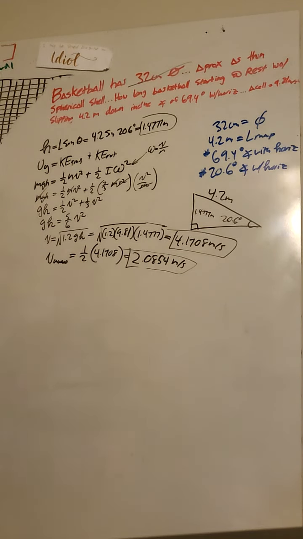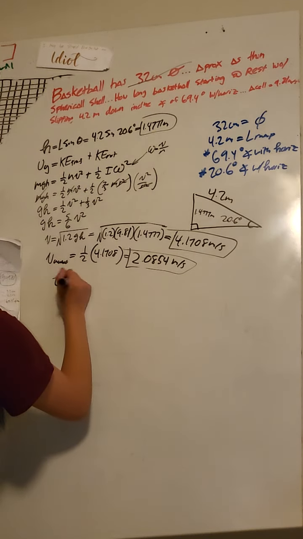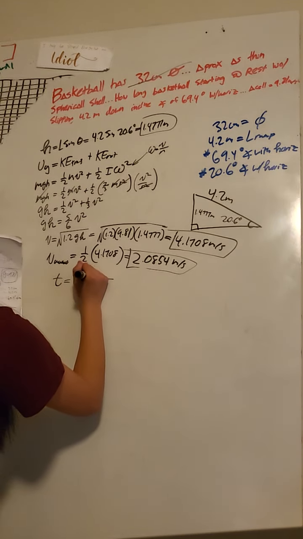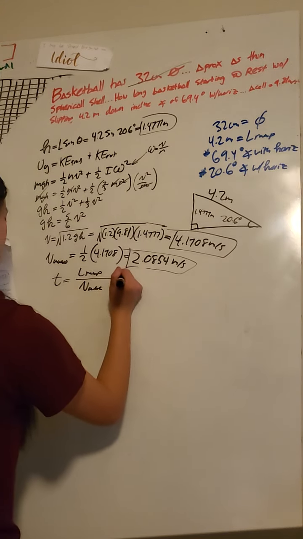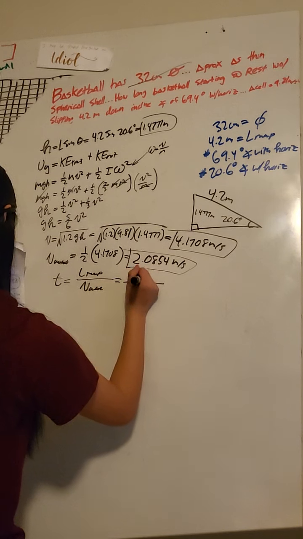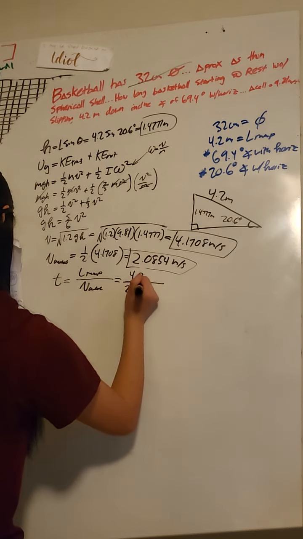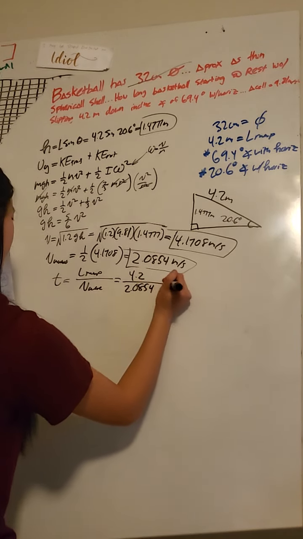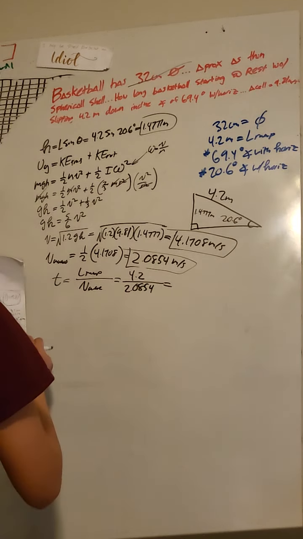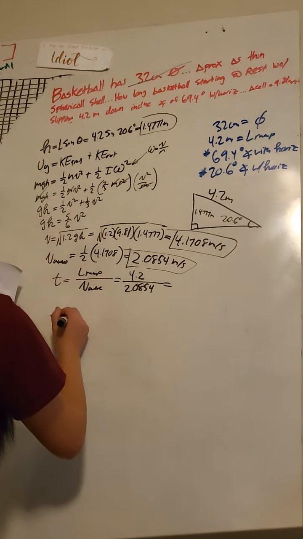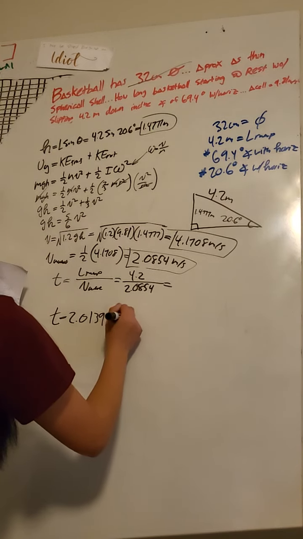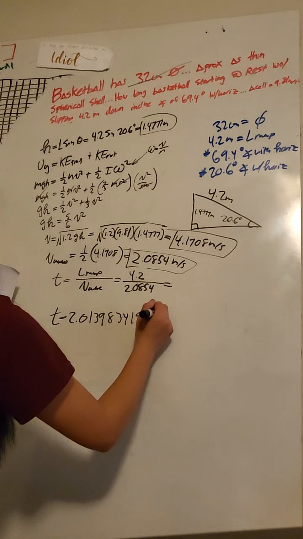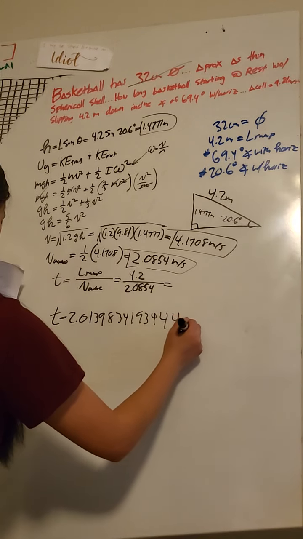Now we need to find the time, which is equal to the length of the ramp divided by the average velocity. Plugging in our numbers, it's 4.2 divided by 2.0854, and when we work that out, the time is equal to 2.0139834193444 seconds.